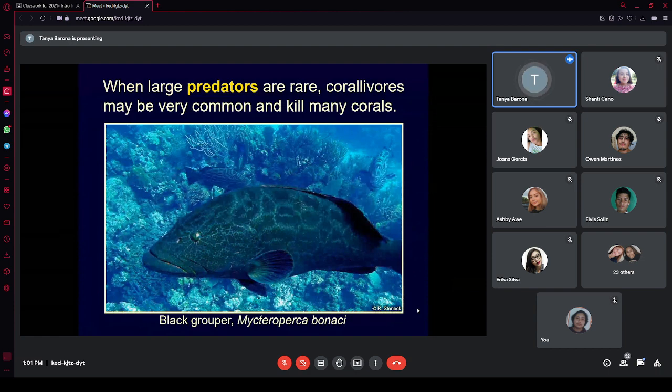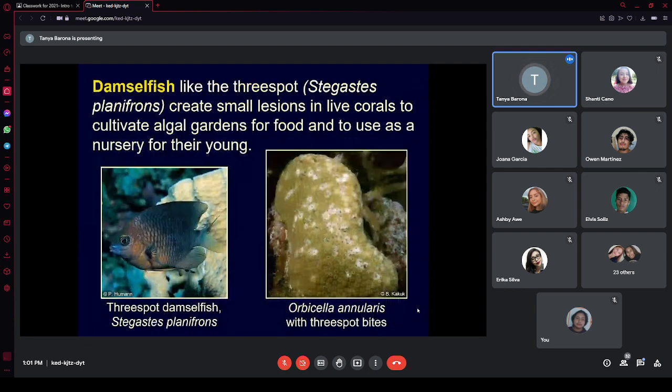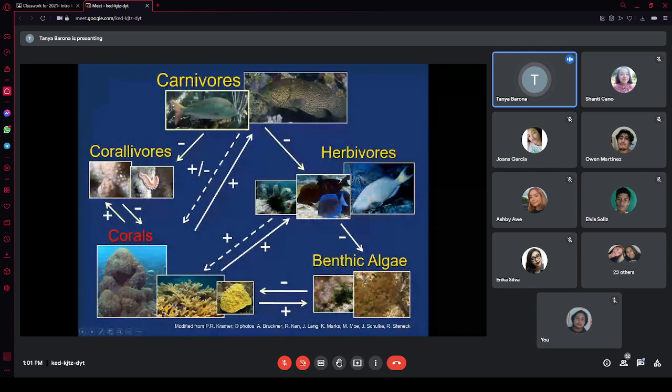When large predators are rare, corallivores may be very common and may kill the coral. So if we go back a few slides, corallivores, some examples are small mollusks, for example, fireworms or snails. These ones actually feed on the coral itself, whereas the damselfish would just pick off the algae.